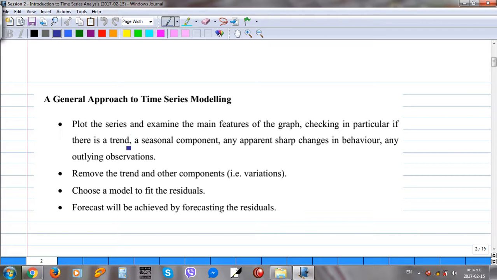Then secondly, remove the trend and the other components. It means you have to remove the variations as I explained earlier. Choose the model to fit the residuals. Then finally, forecasts will be achieved by forecasting the residuals. So by forecasting the residuals we can do the predictions.